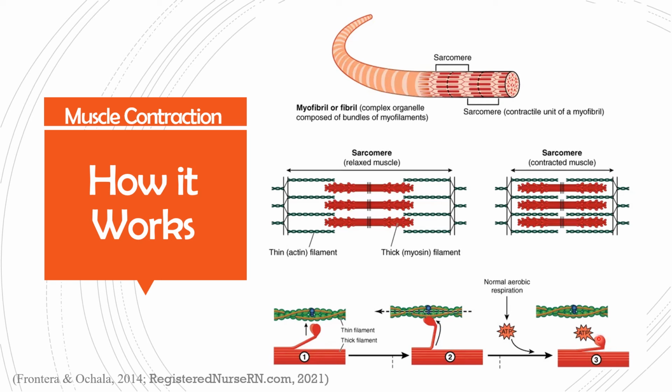So in step three, it attaches to that knobby head and knocks off what's called a cross bridge between the actin filament and the myosin, which breaks that connection and allows the actin filament to slide back into place. So in the relaxed state, not attached, it starts to attach, it moves, which is the contracted muscle state, and then ATP comes in, releases it, and now we're back at that relaxed muscle state.